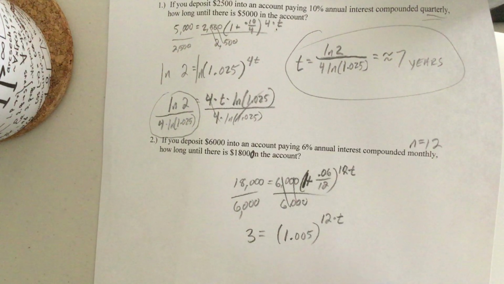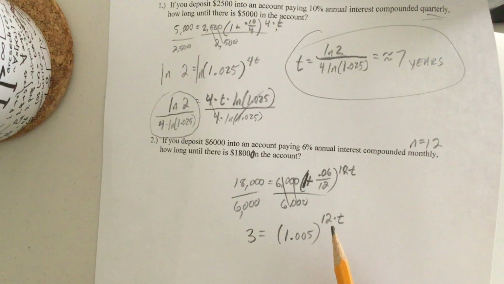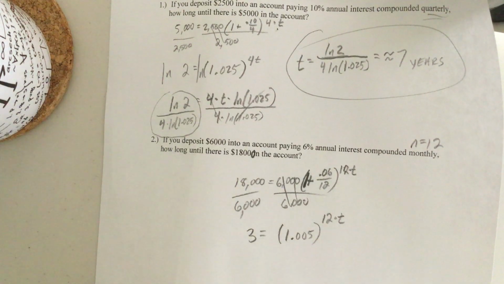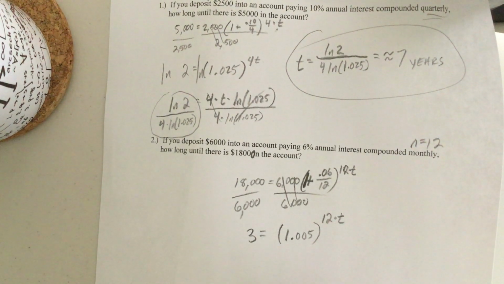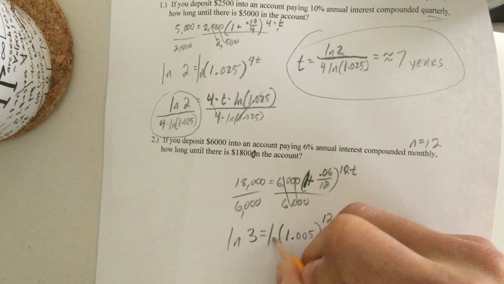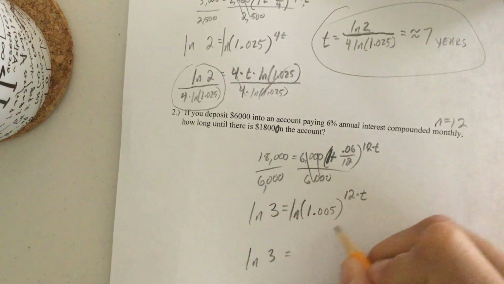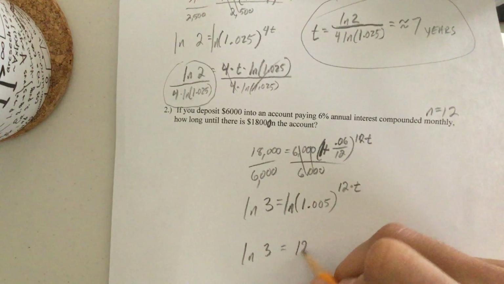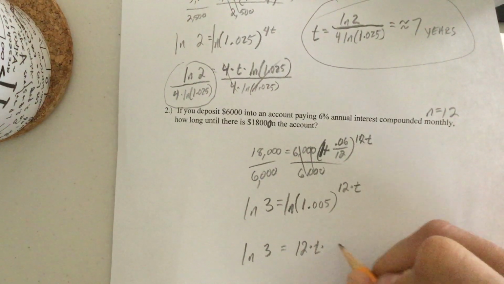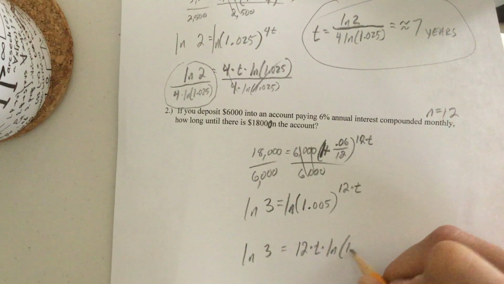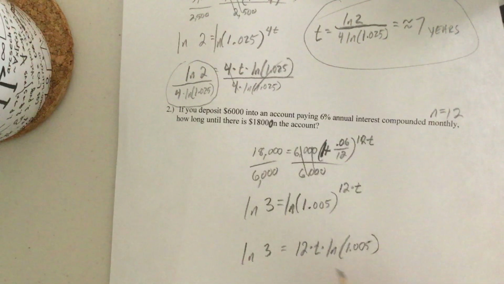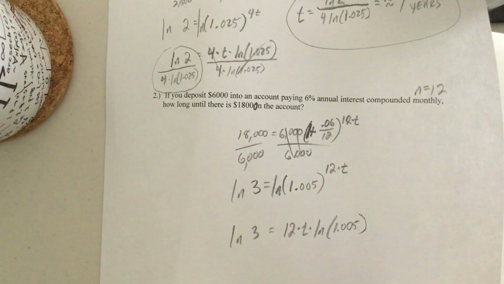Once again, solving for unknown exponents, sorry for the stutter, is tricky. We have to take the natural log of both sides. The natural log of 3 equals, and we bring that down in front, 12 times t times the natural log of 1.005. If this step's a little confusing, that's natural.